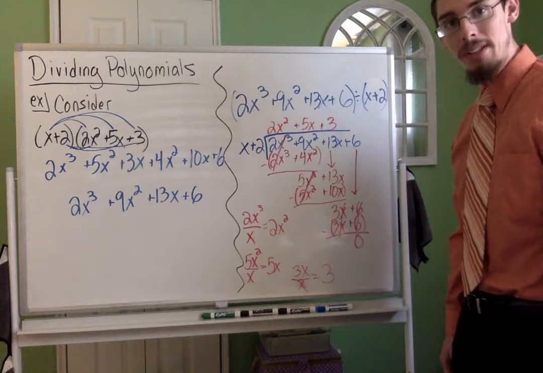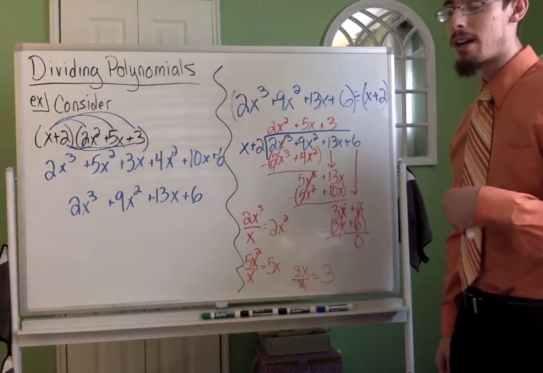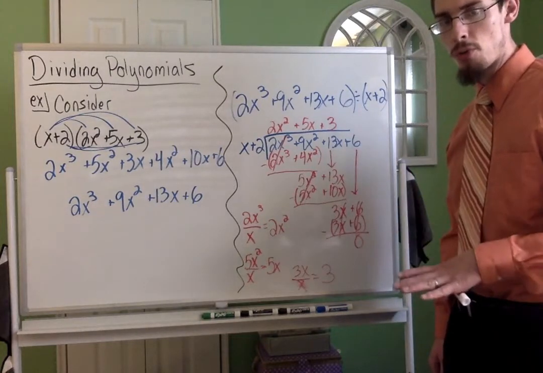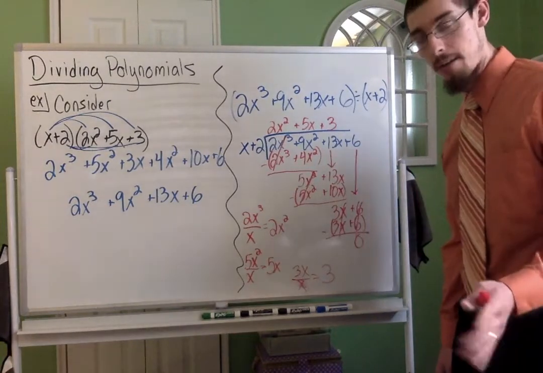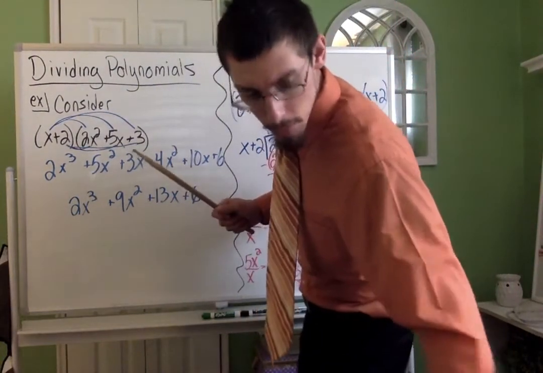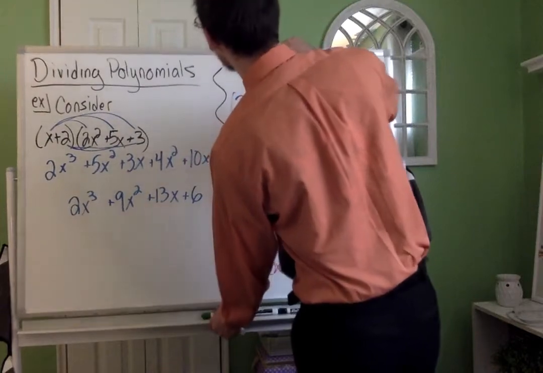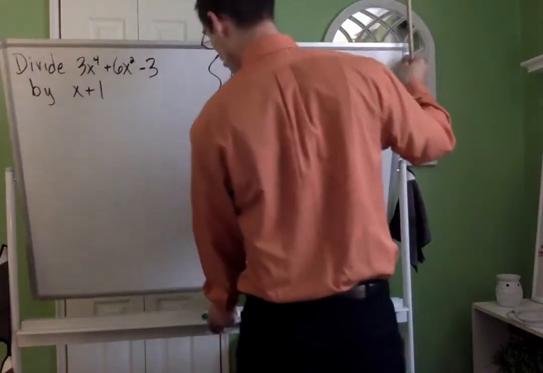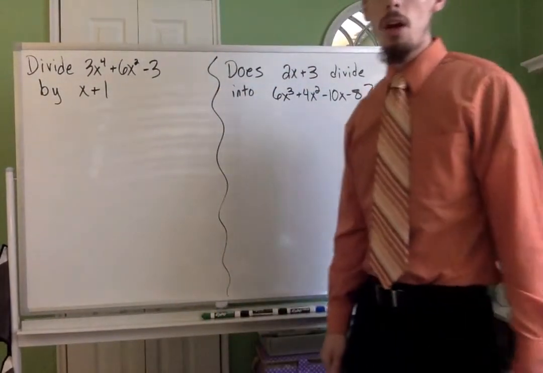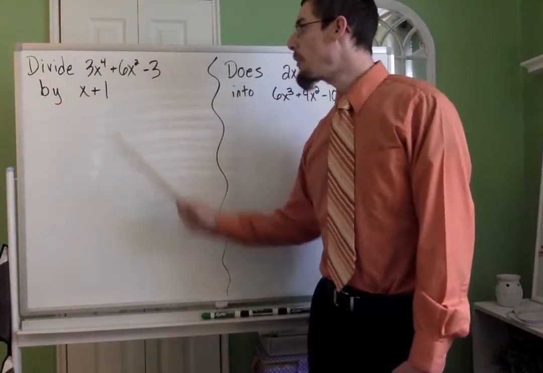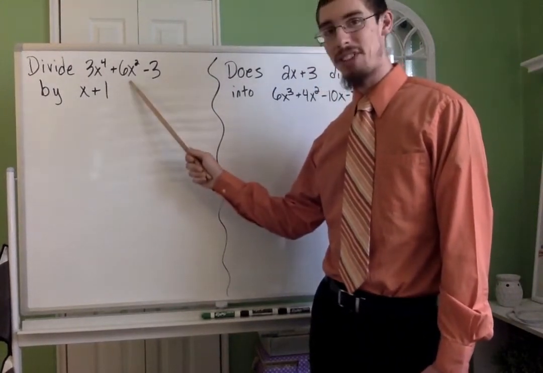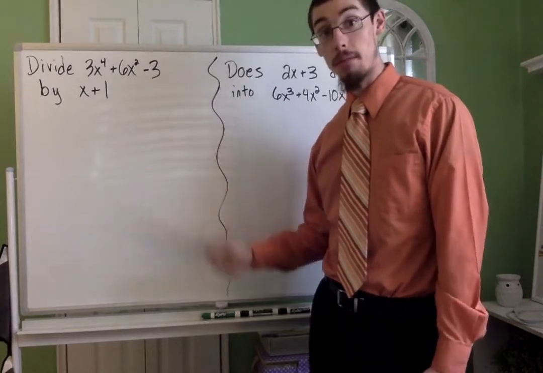I want to show you an example where it's not set up for you already, and I'll show you where the issues are going to lie. So let's do another example.